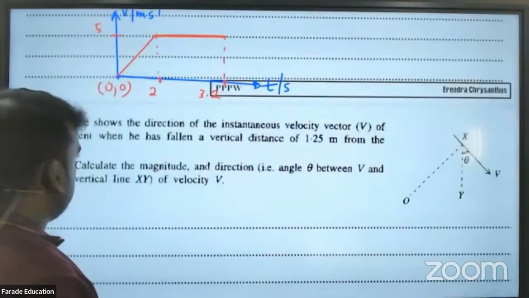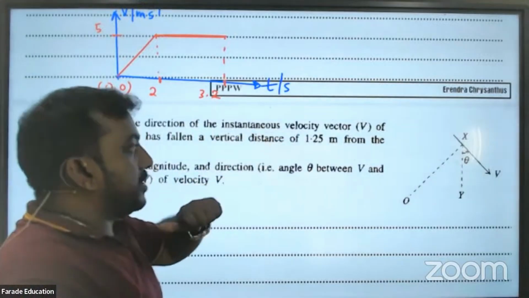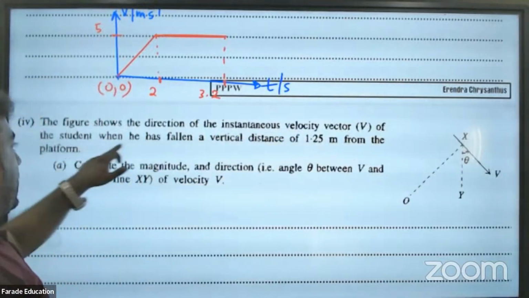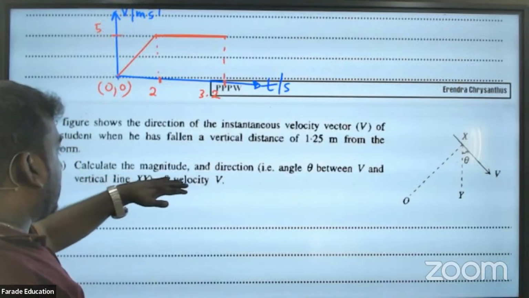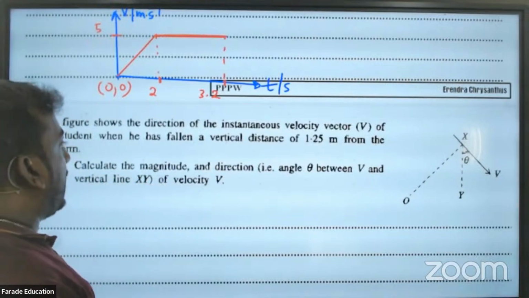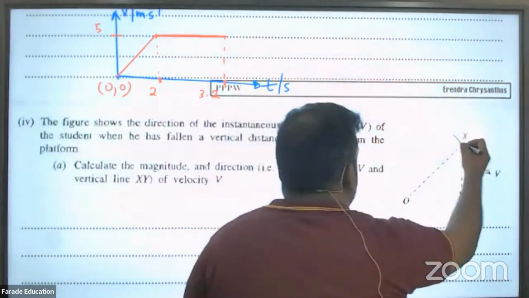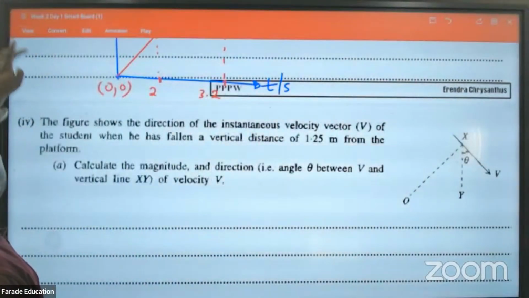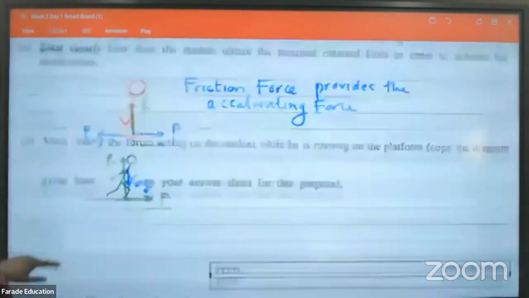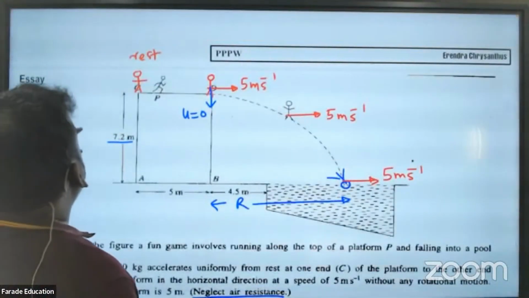Next one. The figure shows the direction of instantaneous velocity when he is at a height of 1.25 meters. Calculate the magnitude and the angle between the velocity and the vertical. Let's go back to the main picture.